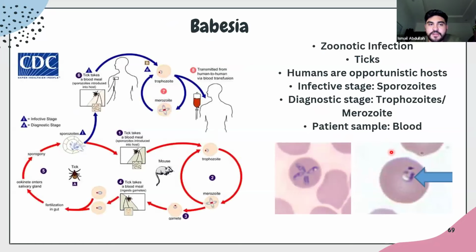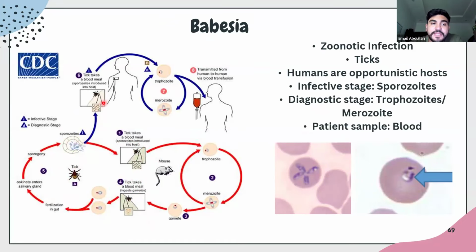Then we have Babesia. Now, Babesia is the tick disease. It's a zoonotic infection, and humans happen to be opportunistic hosts. So this will happen to those who are very immunocompromised. This is when they will get such manifestations. Now, how it all starts: the tick itself becomes infected and has these sporozoites.